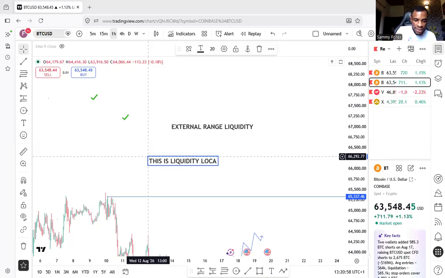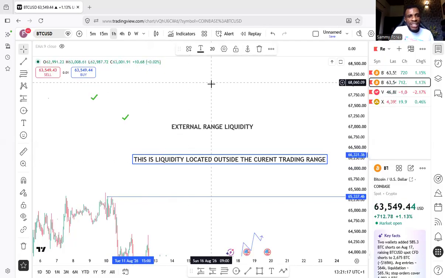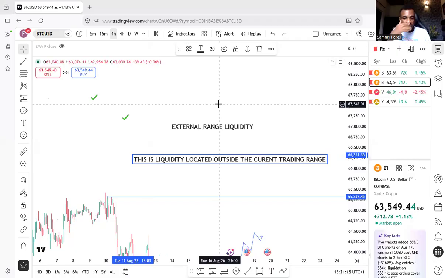All of us know liquidity. Located outside the current trading range. Now, before you answer that question, what is a range?